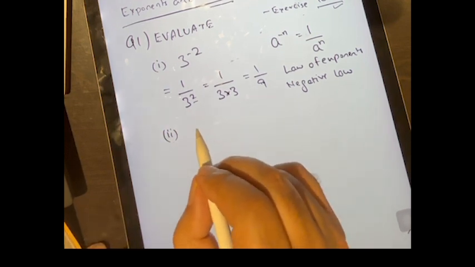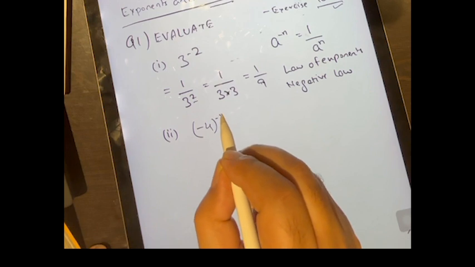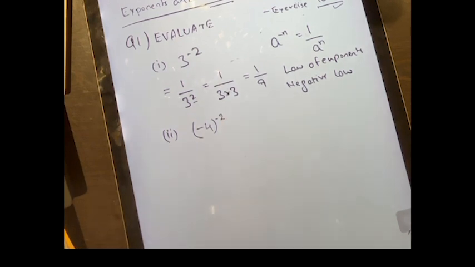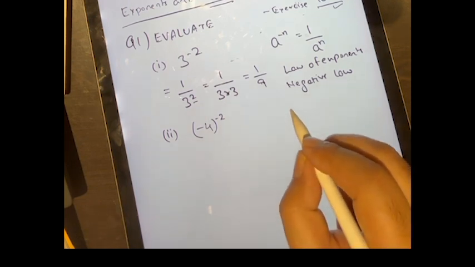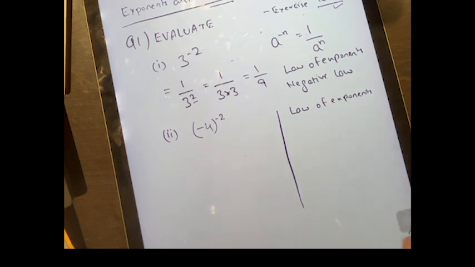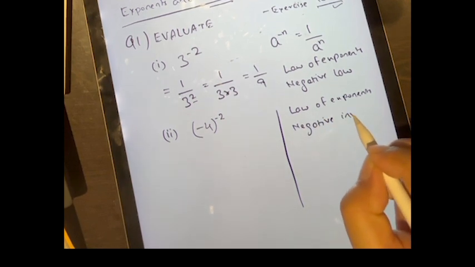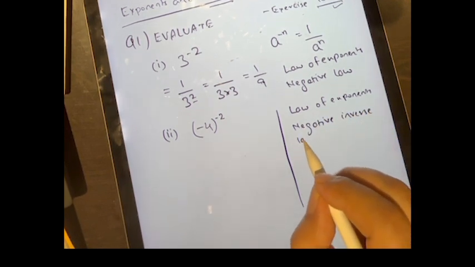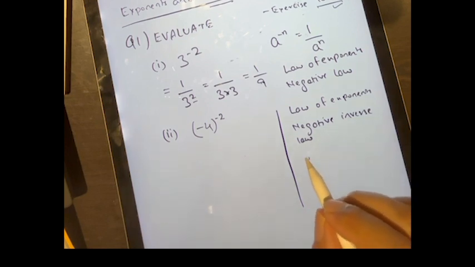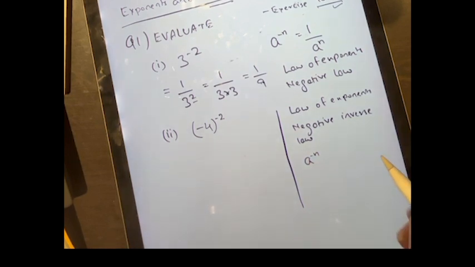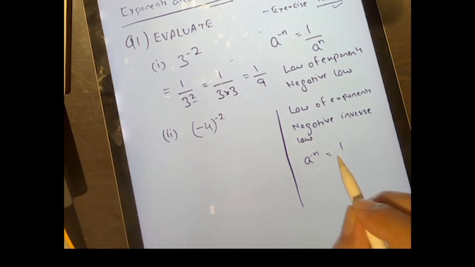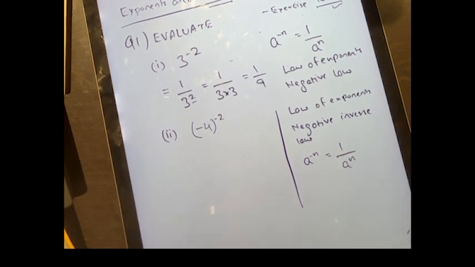Question number 2 says minus 4 raised to the power of minus 2, and we need to evaluate this question. We will follow the laws of exponents again, and this time we will follow the negative inverse law again, which says that if you have a negative power, you can convert that into the positive power by doing something like this.